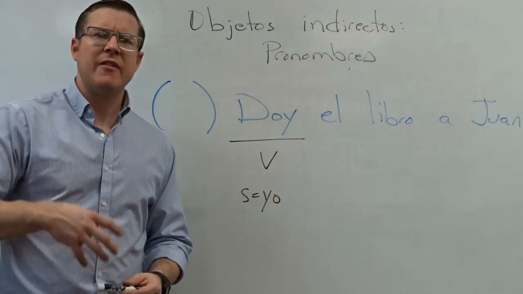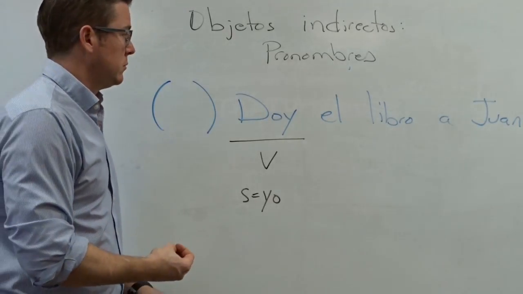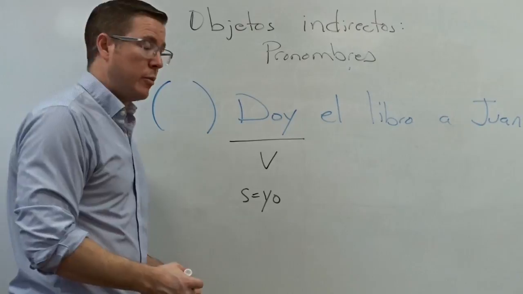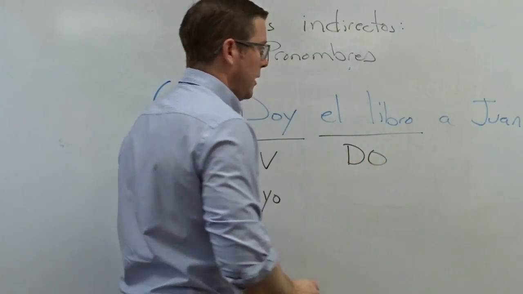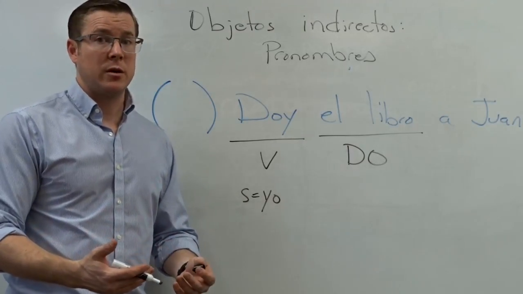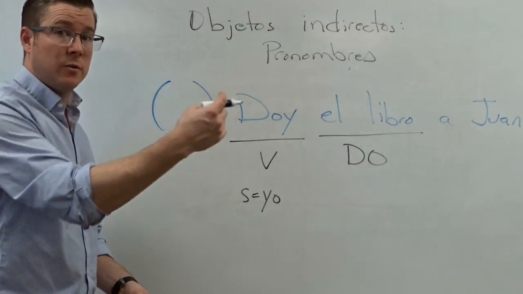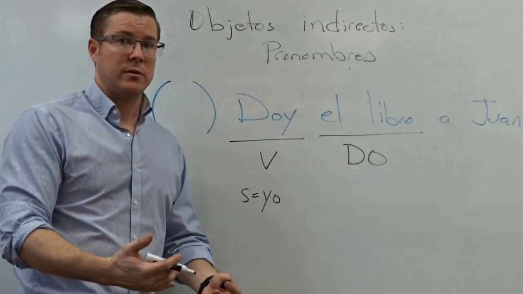Now, do I have a direct object? What do I give? I give the book, el libro. That's my direct object. To whom do I give the book? A Juan, to Juan. So Juan is going to be my indirect object.